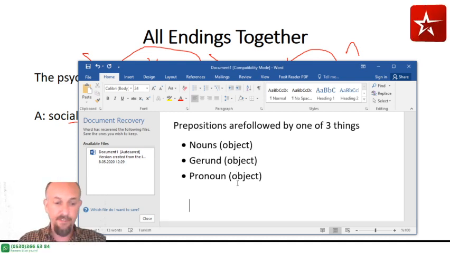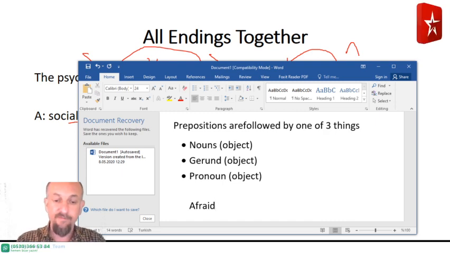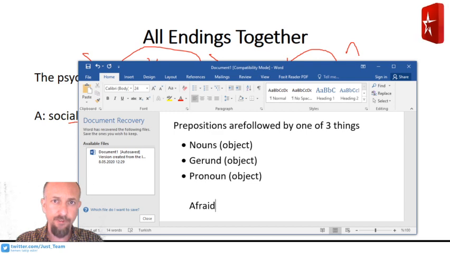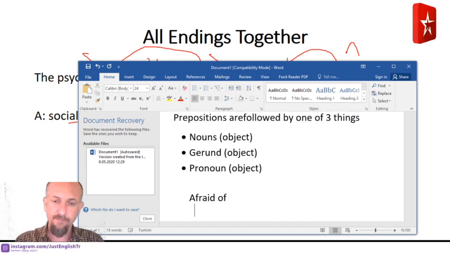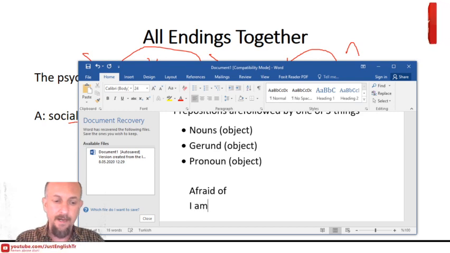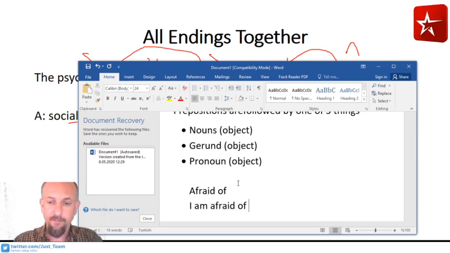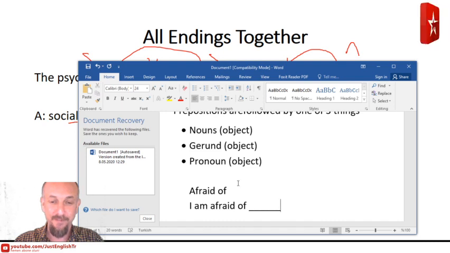So if we look at the adjective afraid as an example. Now with afraid we use a preposition. Can anybody tell me the preposition we use with afraid? The preposition is of. So if we put that into a sentence, I am afraid of, and then we have this empty space, for want of a better word.